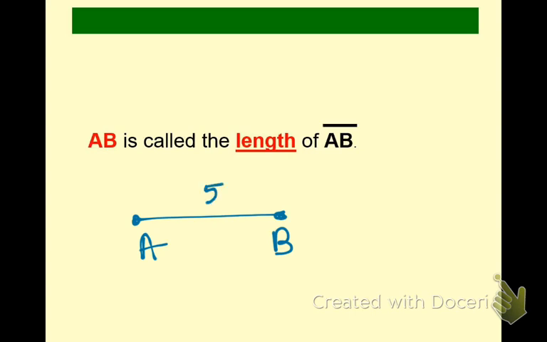So what it would say in your book is AB equals 5. This represents the length of AB is 5. So you wouldn't put a line above it. Whenever you name a line segment, you have to have the line above it. But if you're talking about the length of a line segment, there will not be a line above it. You're going to see it in every example from here to the end of the class.